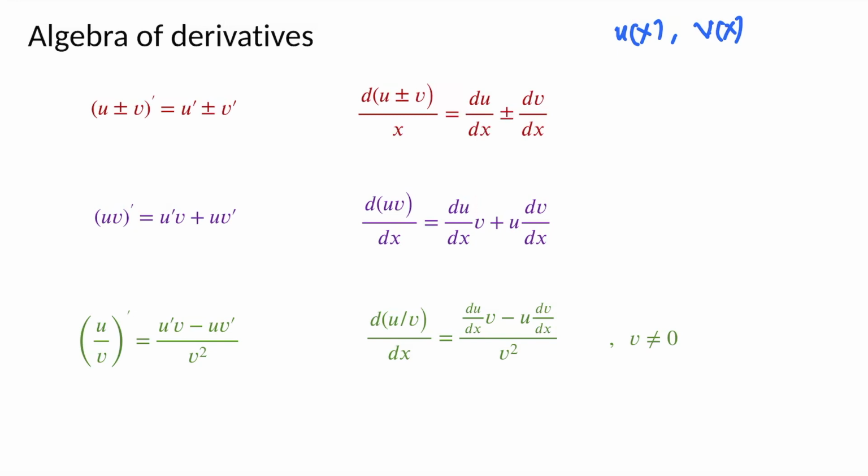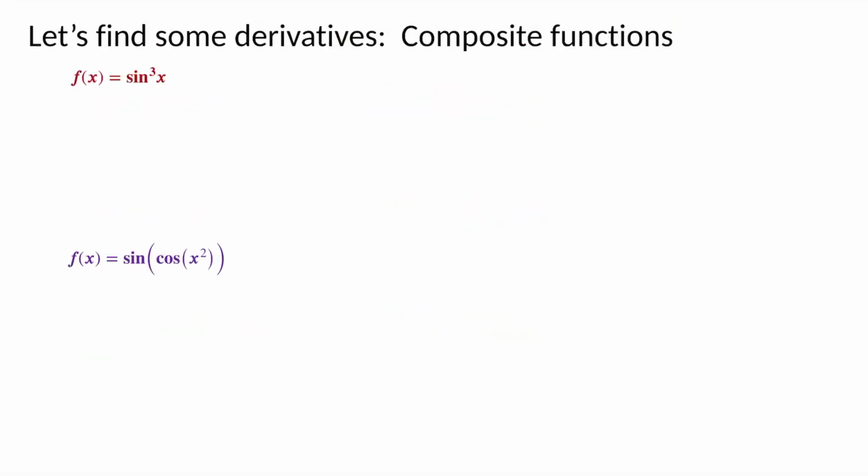In the denominator you have v squared, and in the numerator you have u prime v minus u v prime, and you can again derive this using the basic definition of derivatives. We will not do that here, but if you follow that formula of derivative being expressed as limit as h tends to 0 of f(x plus h) minus f(x) divided by h, you can derive all of them.